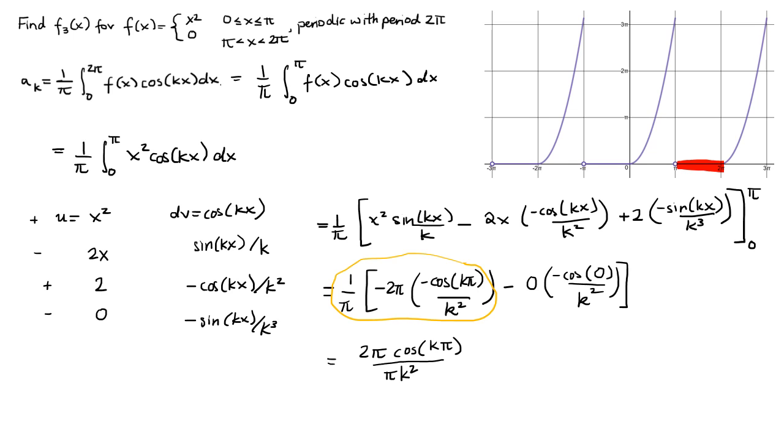On the bottom we have a pi and a k squared. All right, and we can simplify this just a little bit. So we get 2 cosine of k pi over just k squared.